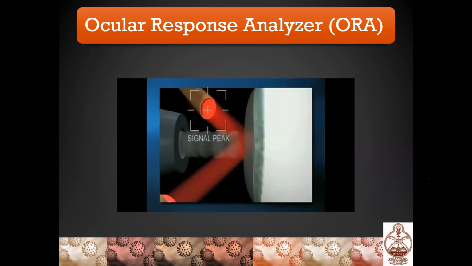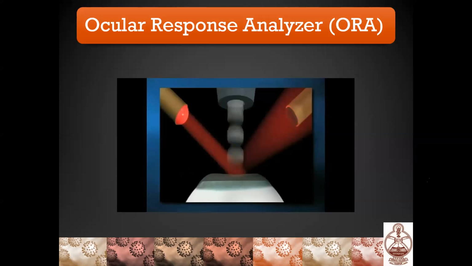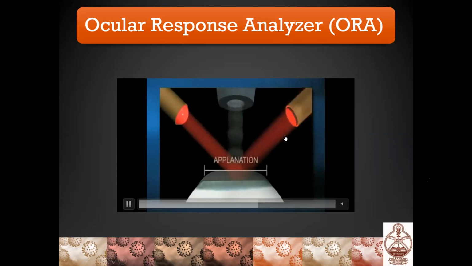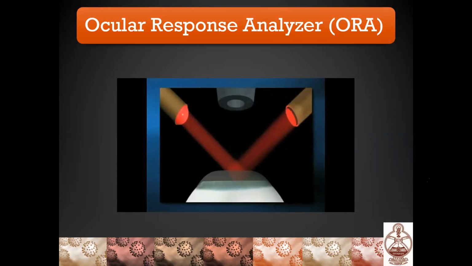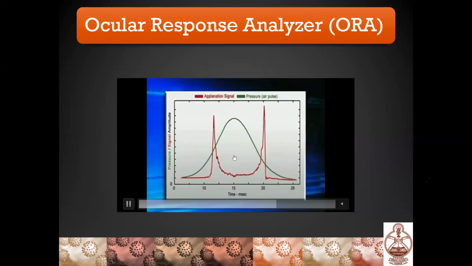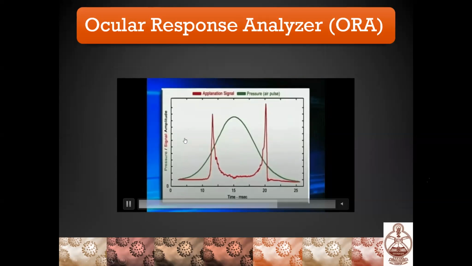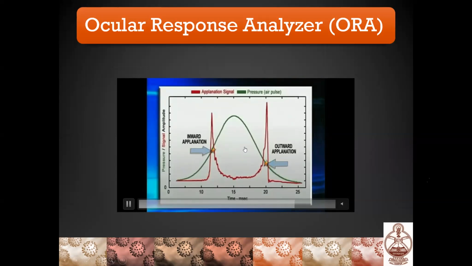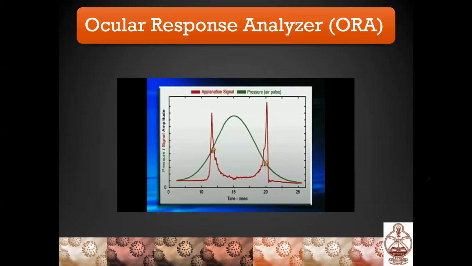Now it presses the cornea further, and then the air pump stops, so the cornea rebounds back. The point where the reflected beam again becomes collimated is recorded as the second applanation and is given as signal P. So there is an inward applanation, the first graph, and the second one is the outward applanation. The difference between the two is recorded as the corneal biomechanical property, which is the corneal hysteresis.